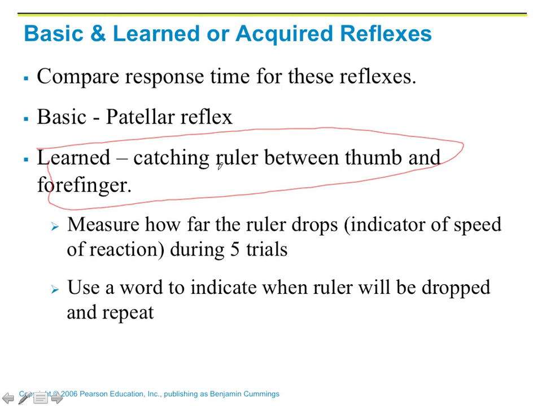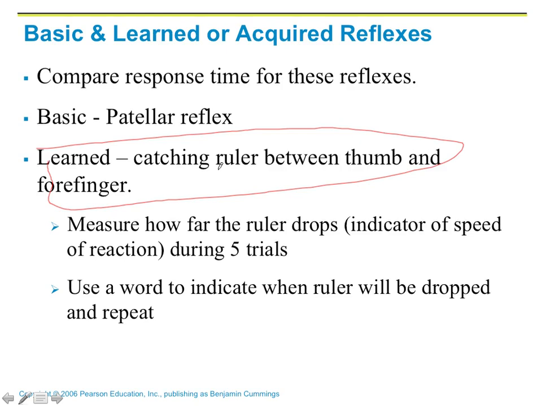For example, we can do a simple experiment. One student can drop a ruler, and another student can use their fingers to catch the ruler. You can try several times, and you will get better at catching compared to the beginning.